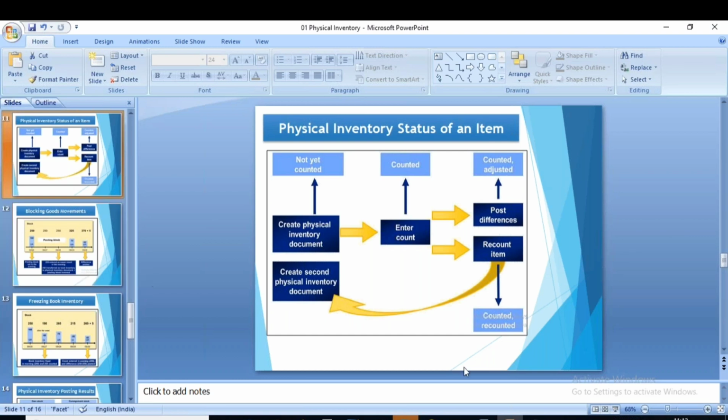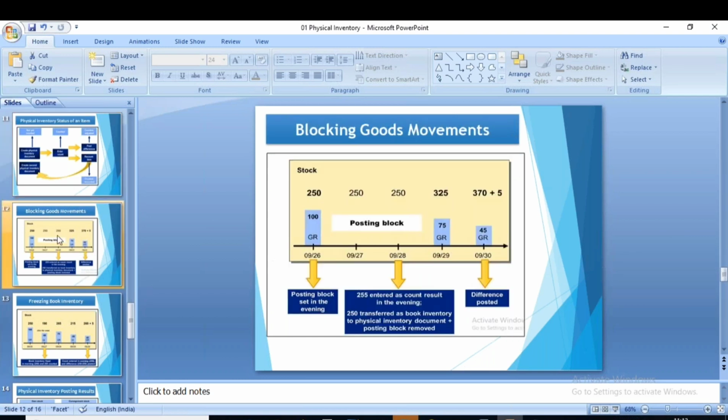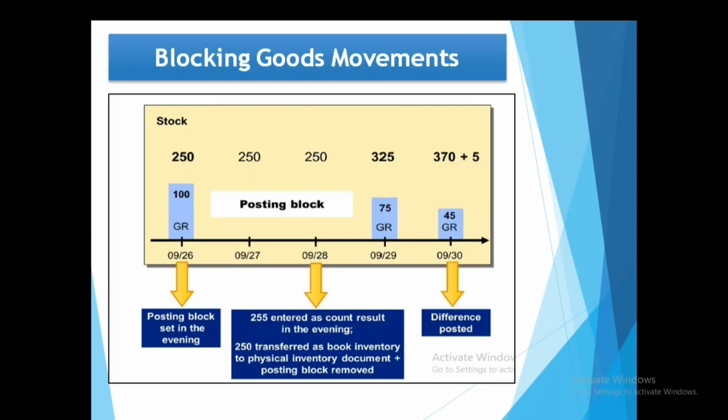Now we will discuss the posting block and freeze book inventory. So blocking goods movement: what it means is, when you are carrying out the physical inventory process, somebody may post the stocks again, or issue or post. To block that, you will do this posting block. So let's say you created a physical inventory document, and at that time the stock was 250.